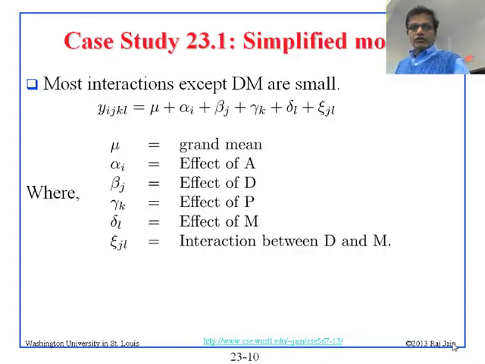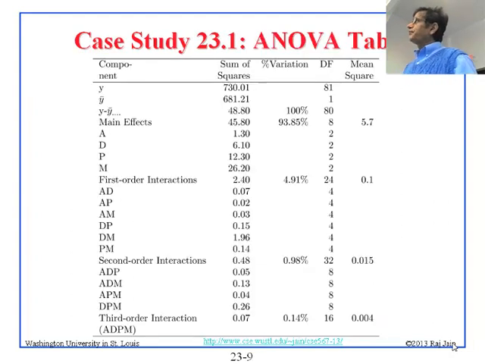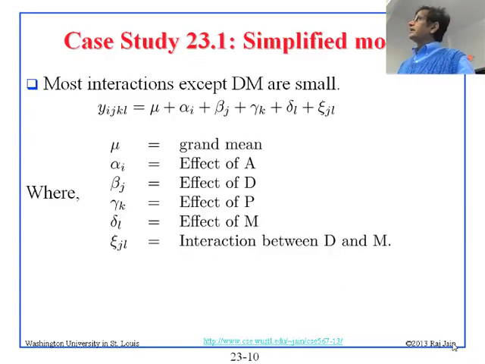So if you care even for 1 or 2%, like this 1.96%, then you would include DM in the interaction. So they did that. Okay, so this is their model finally. 4 effects and 1 interaction.